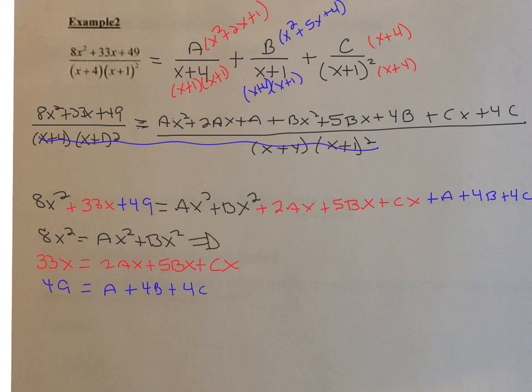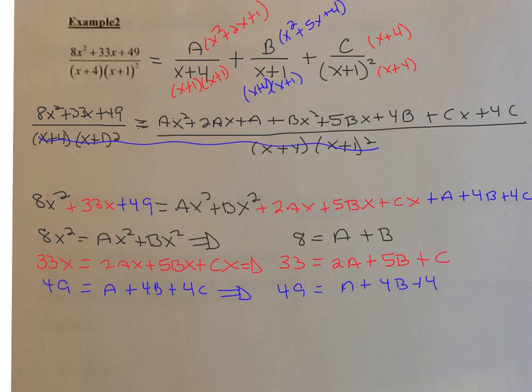For the x squared, I could get rid of all my x squared, so it's 8 = A + B. For my x's, I could get rid of the x's. I'll rewrite that so they line up: 8 = A + B, 33 = 2A + 5B + C, and 49 = A + 4B + 4C.